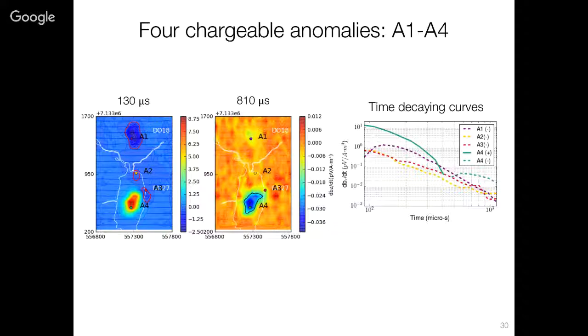When we look at the chargeability, there's actually 4 regions here that seem to have negative values and seem to be chargeable. And these are time decay curves, and there's 3 places here, A1, A2, and A3, that never get positive. So they're just always negative. But there's one in here at A4 that starts positive and then goes negative.